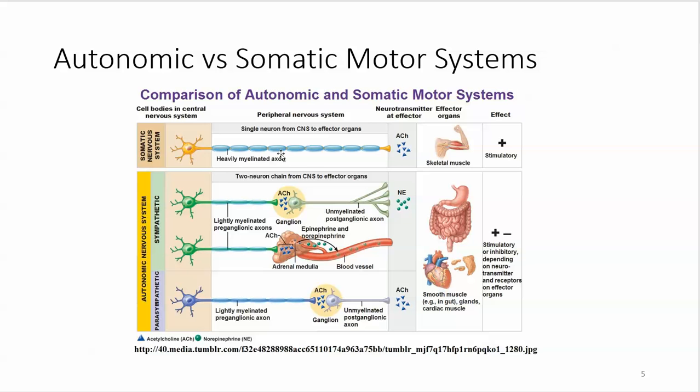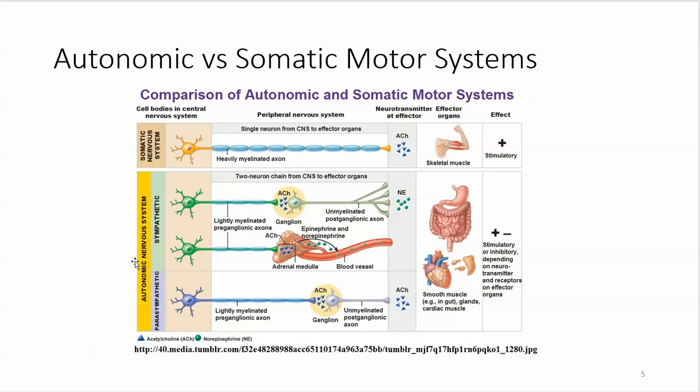Okay, so you can see that these involve movement of muscle. It's voluntary movement of muscle. It is a stimulatory effect. The ACH is acetylcholine.